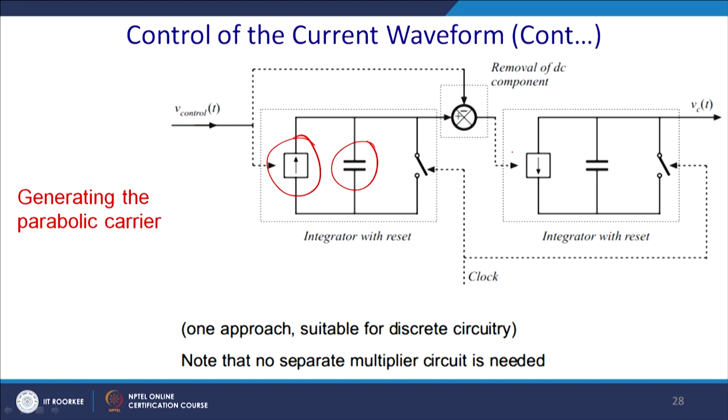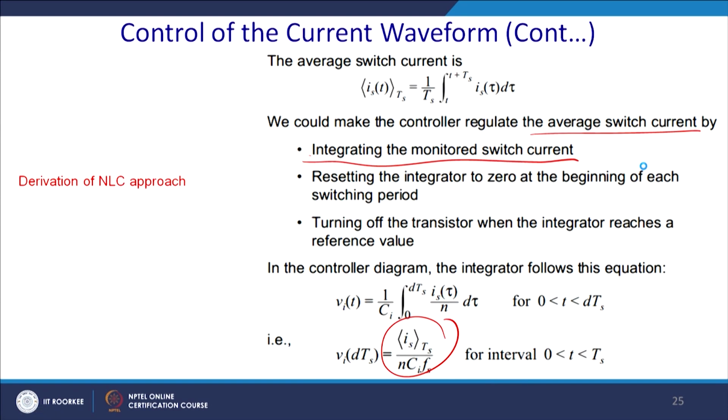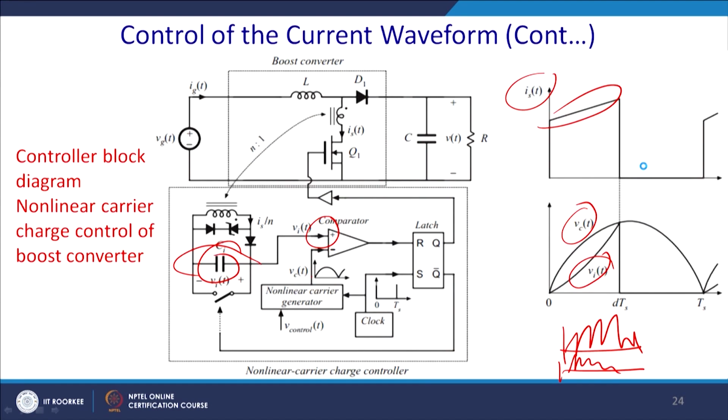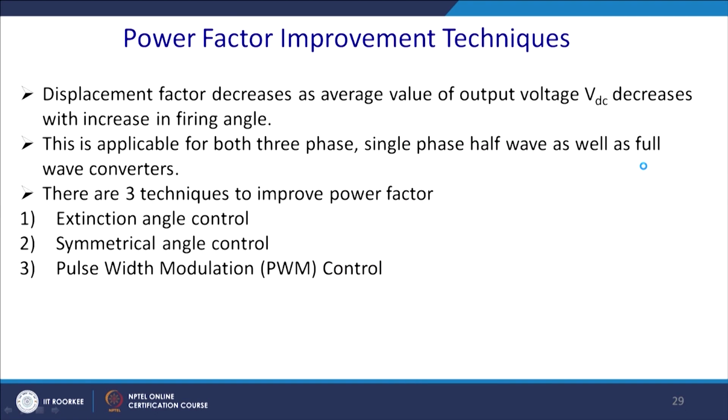Once this becomes a current control, the integrator is going to be reset by this switch. So, please note this is the way we operate this continuous control mode of operation for this converter. So, this is the explanation of this converter.